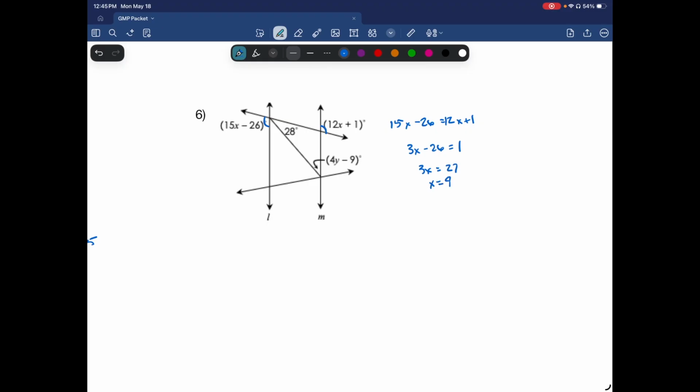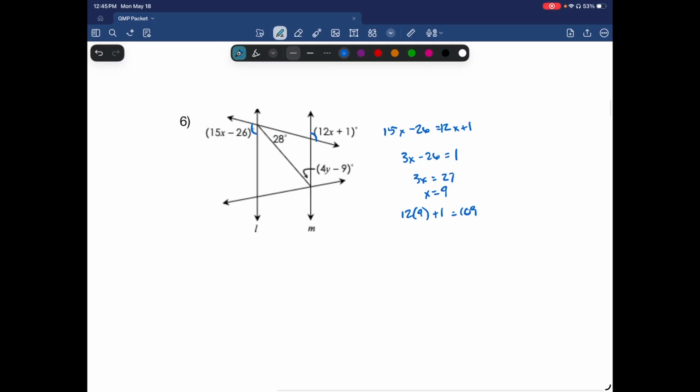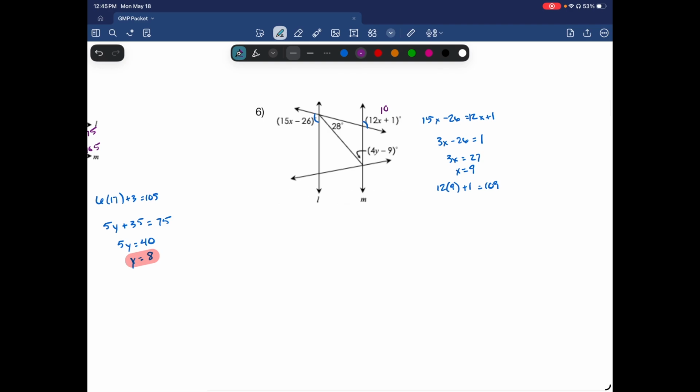X equals 9. Okay, well, if x equals 9, that means 12 times 9 plus 1. That's going to be 109. Okay, so this is 109. This is 109. That means this is 109 right here.